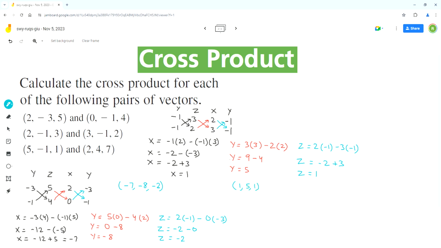Now we can analyze the third pair of vectors. So let's start with the calculation for the x component. Now we can find the y component.